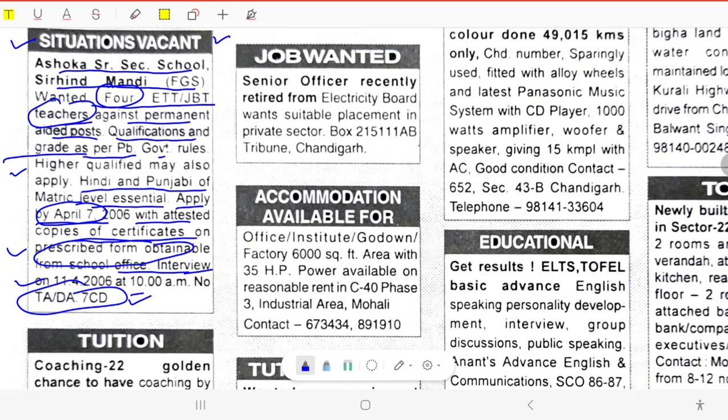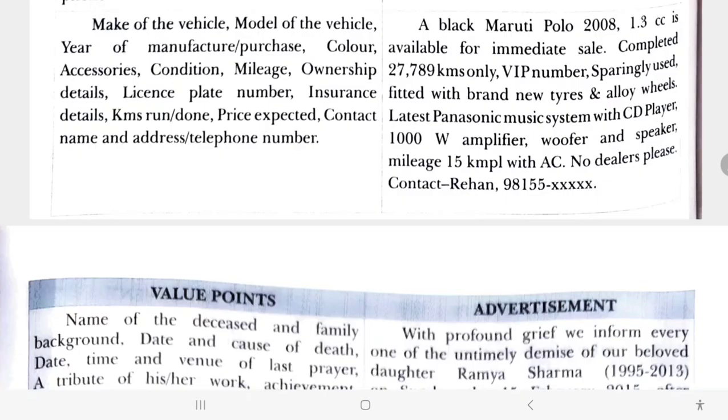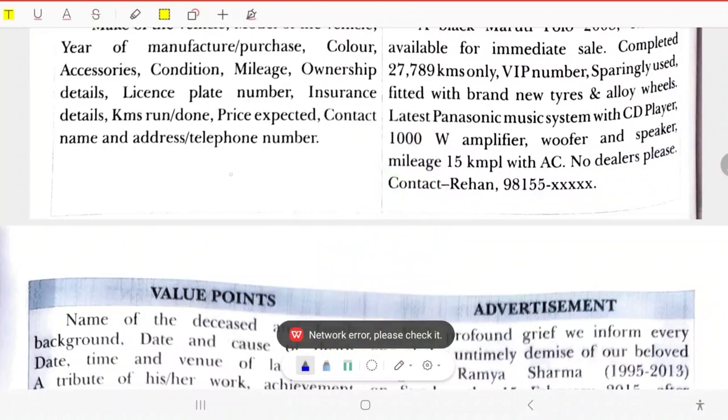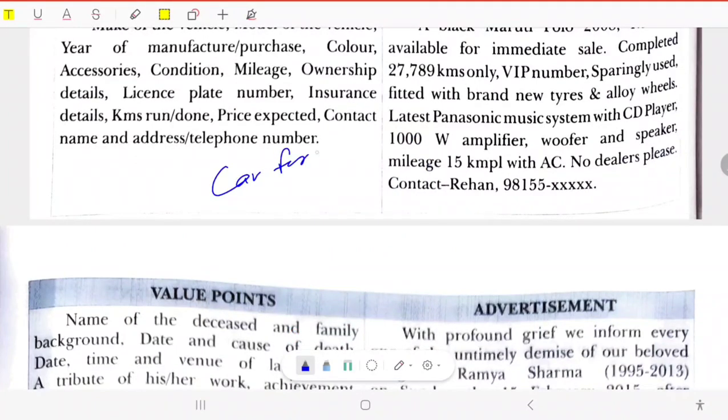Let's have a look at another example now. See, this is another kind of advertisement: car for sale.